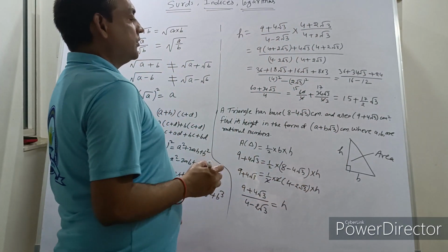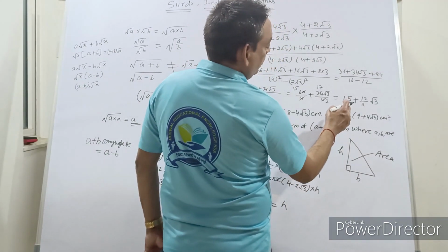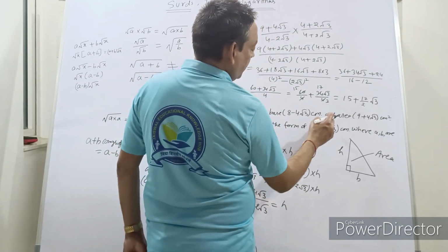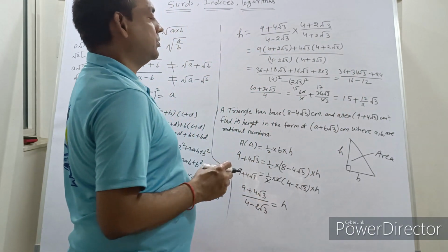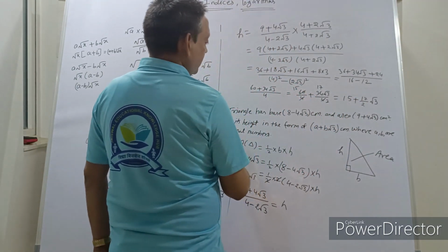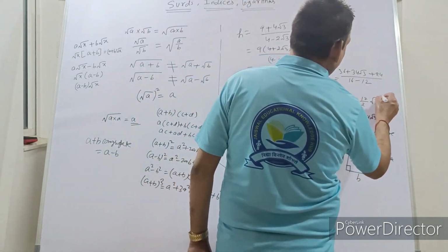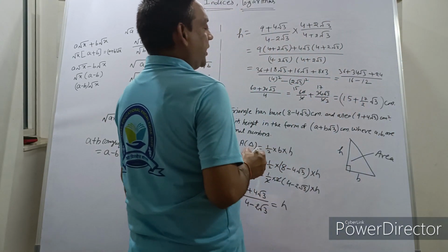Okay, which is in the form of a plus b root 3, where a is equal to 15 and b is equal to 17 upon 2. Okay, and 15 and 17 upon 2 both are rational numbers. So this many centimeters is the height of the triangle.